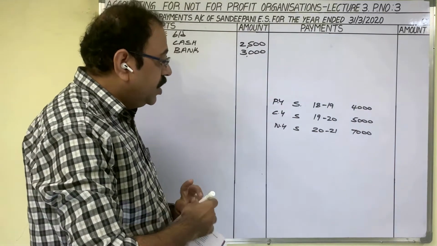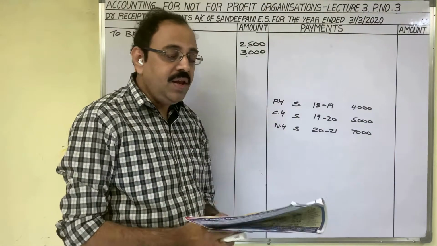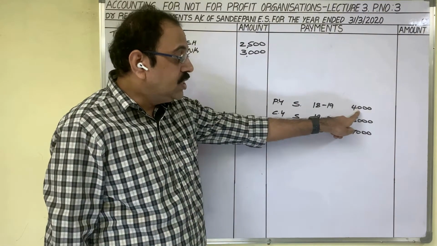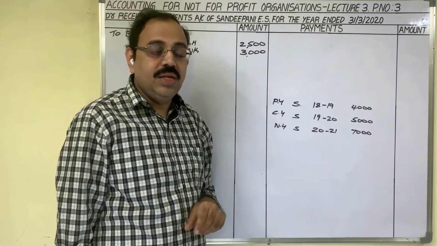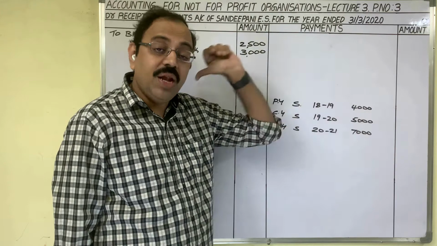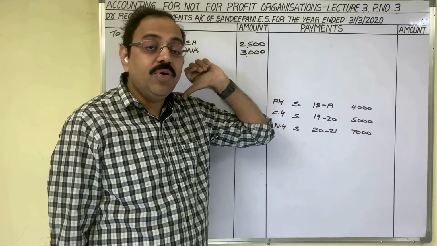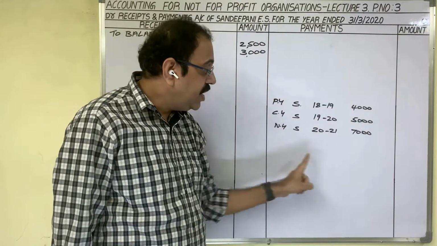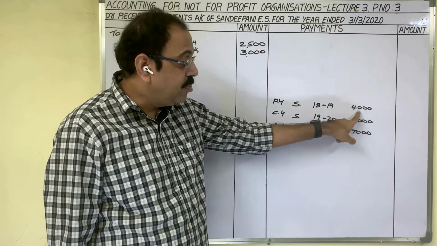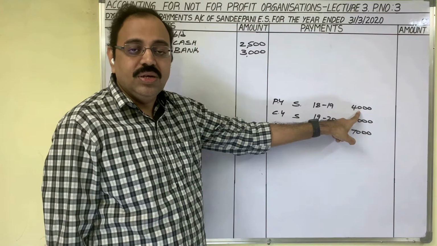Last year, in 2018-19, the firm was to receive 4000 rupees for subscription. This 4000 rupees did not come in last year. When did that amount come? In the current year. That is why in the current year's information he is giving this 4000 rupees.